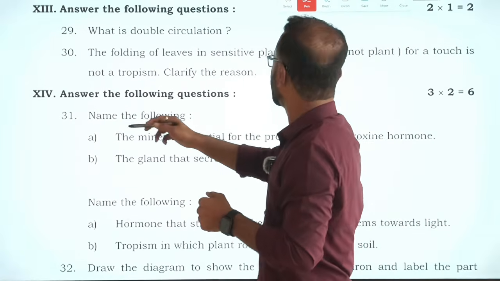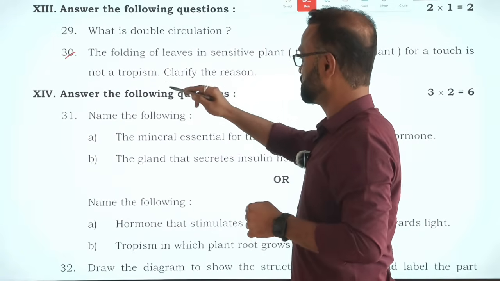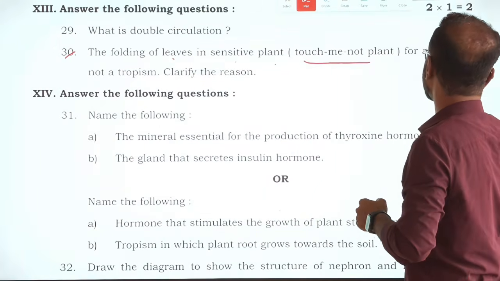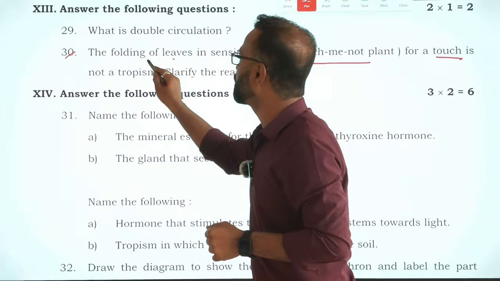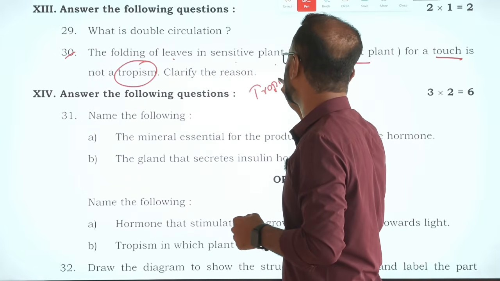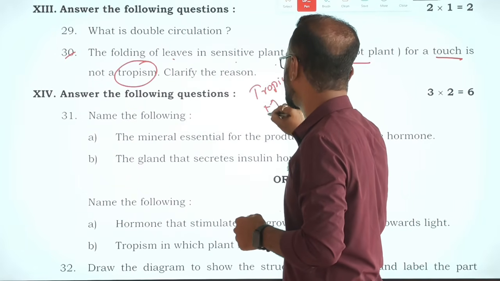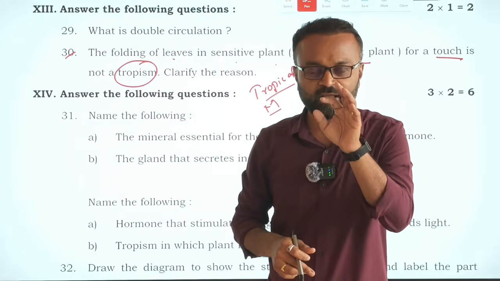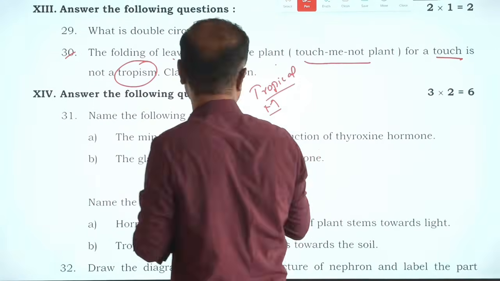Now next question, see here, 30th question. The folding of leaves in the sensitive plant, that is the touch-me-not plant, for a touch is not a tropism, or it is not a tropic movement. Clarify the reason. Here, this is which movement?